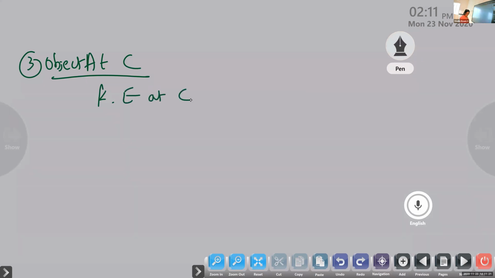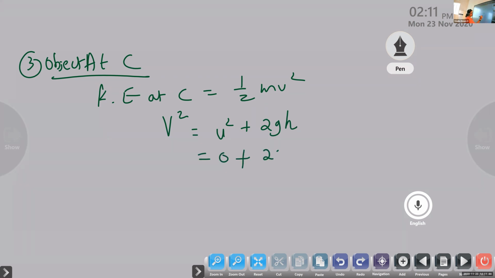Kinetic energy at C is equal to, again, we have to use that equation to find it: half mv squared. v squared is equal to u squared plus 2gh. This is going to be 0 plus 2gh, and potential energy at C is equal to 0.